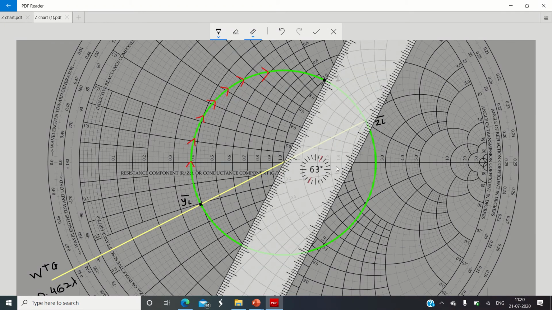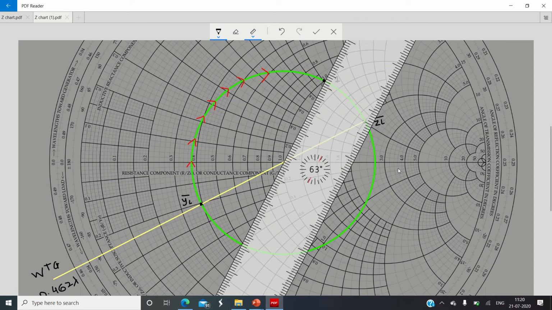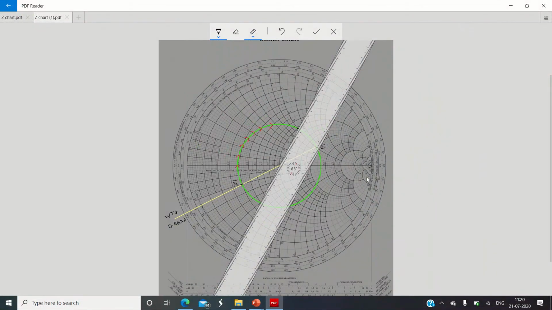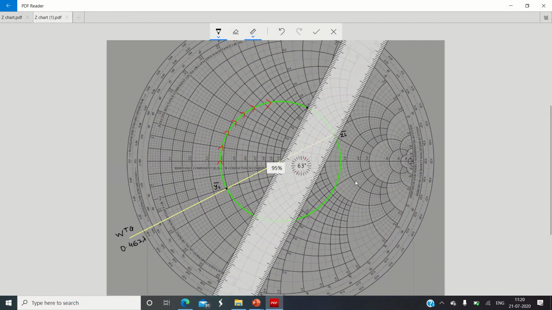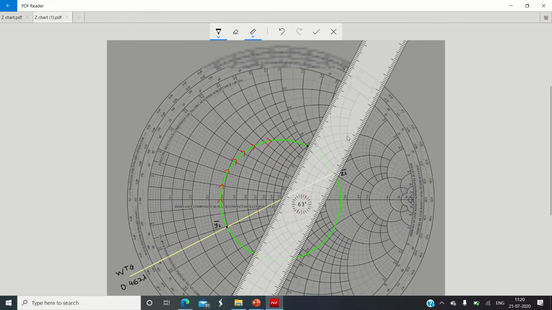Then you join the center of the Smith chart with point number 1 and draw a straight line extending to the outer periphery of the Smith chart.